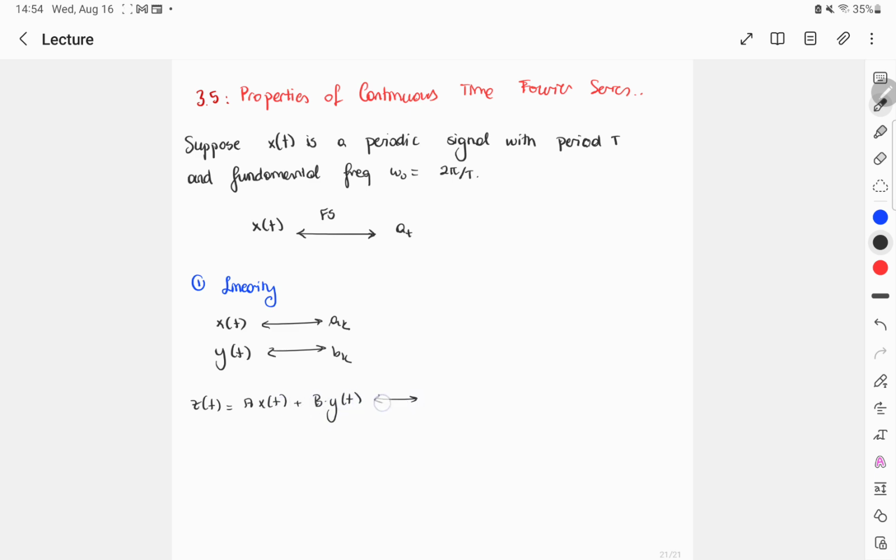It means that the Fourier series coefficients of z are a multiplied by a_k plus b multiplied by b_k. Here a_k and b_k are taken from here.